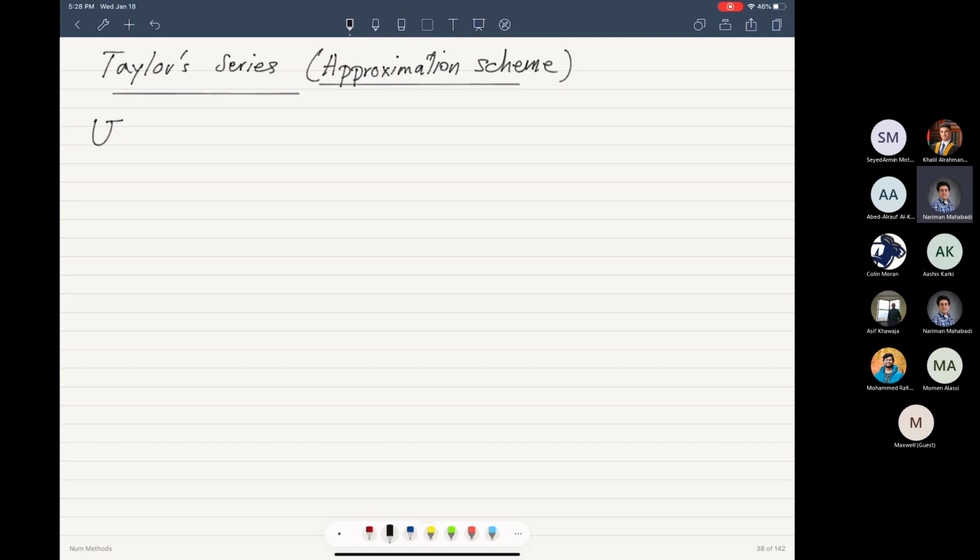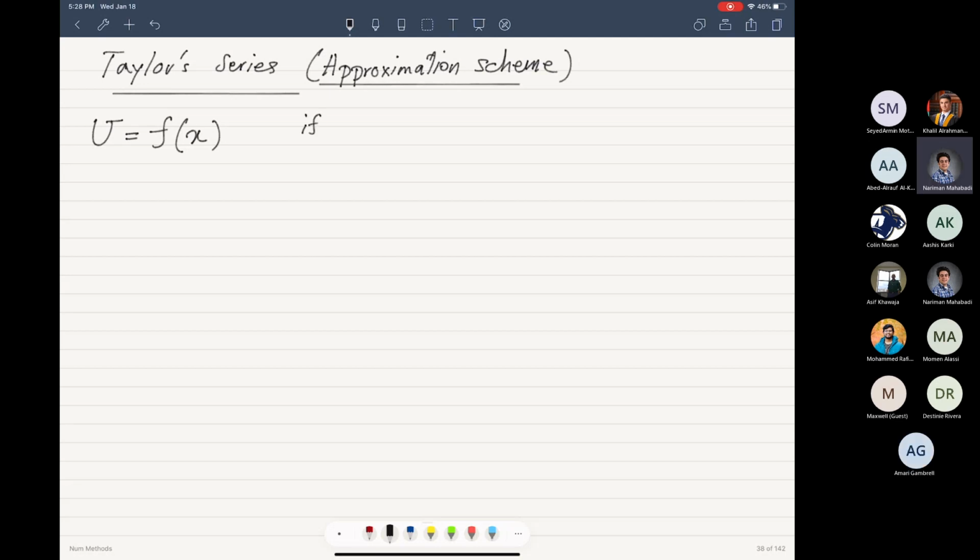Okay, this is our unknown function. Let's say an unknown function, this is just an example, right? This is just a function of x. So it's not even time dependent. It's the simplest case that you can imagine. And then the question is, if you know your unknown function for a given initial value, let's say if this is known only for x naught, it's kind of initial value, right?